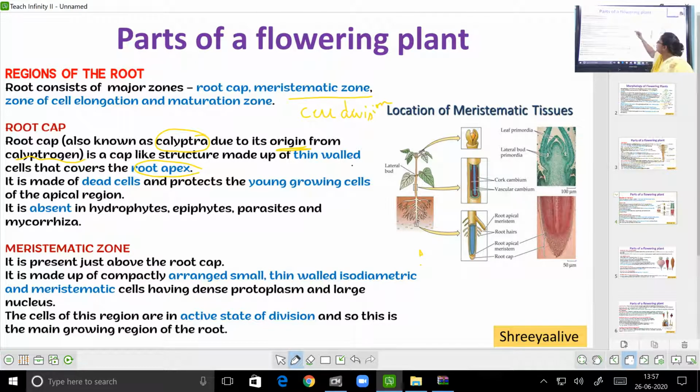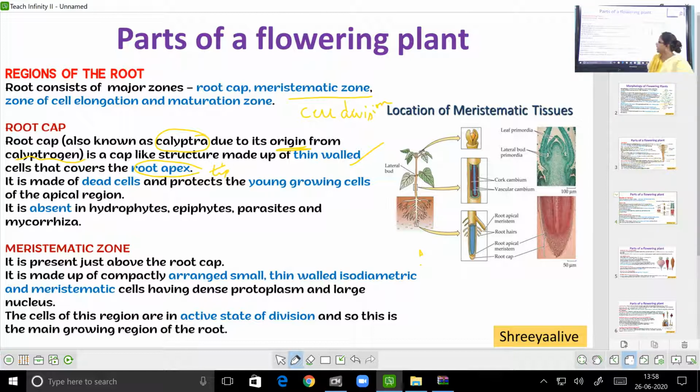It is made up of thin-walled cells and covers the root apex or root tip.